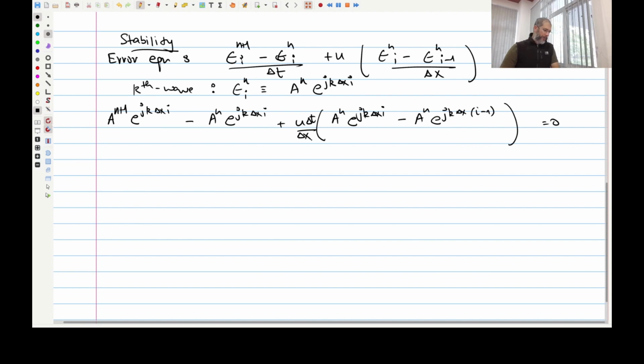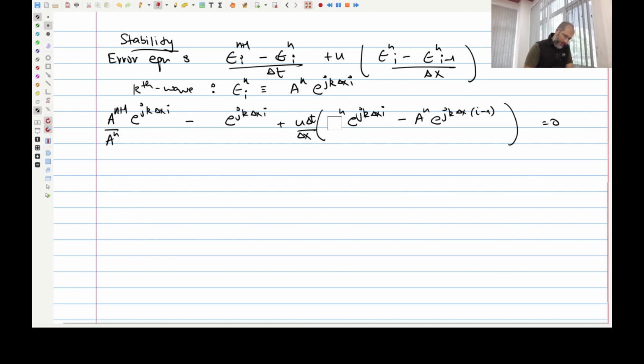Then, for getting the amplification factor, I'll have to divide it by a n. So I divide the whole equation by a n, and all these a n's will vanish. Then I'll also divide it by e to the power of jk delta x i.